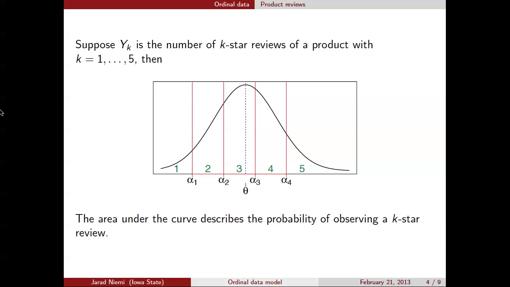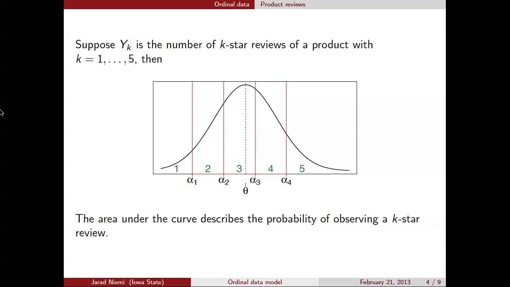It's going to be convenient if we try to throw explanatory variables, covariates, into the model, because then you can move this mean around in a way that you can't adjust that uniform. So for one product, for what we have now, we could certainly use a uniform, but going forward, this normal curve is going to be helpful, even when we get into multiple products here in a second.